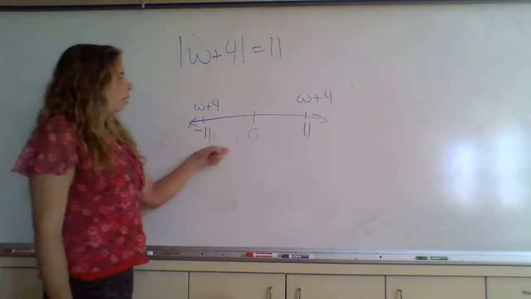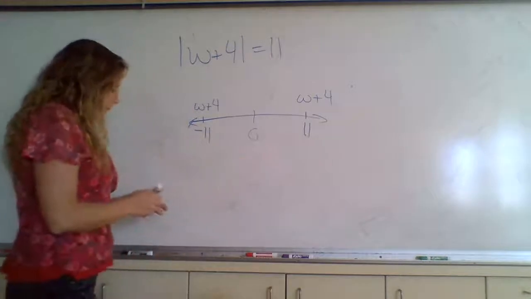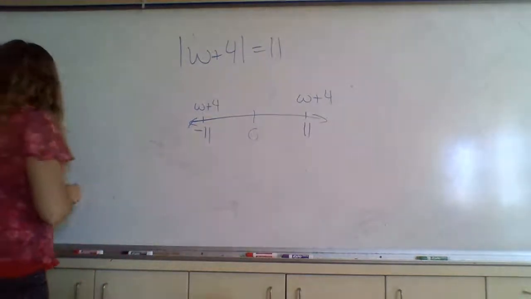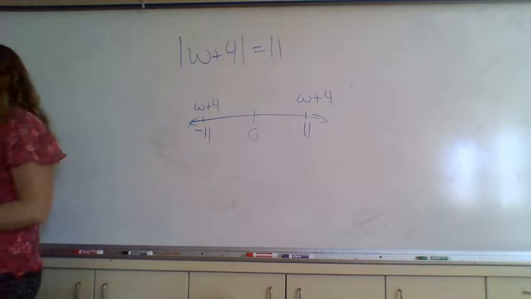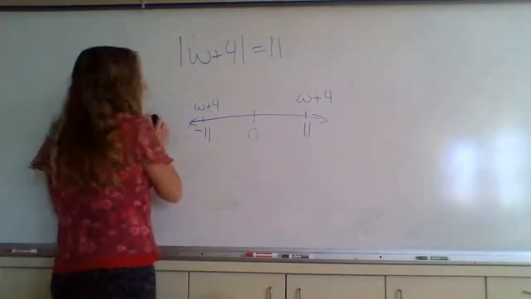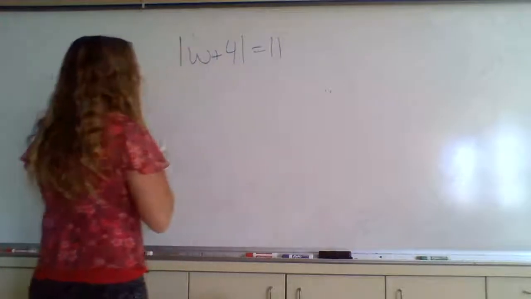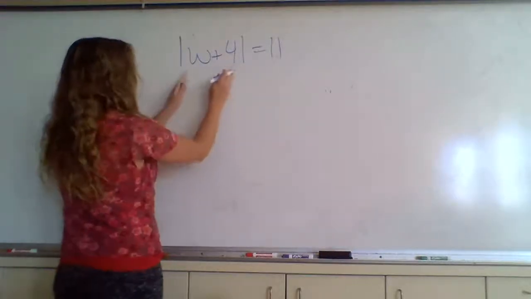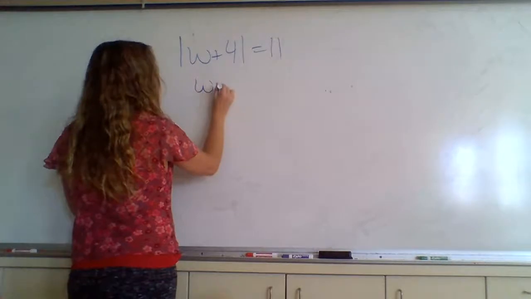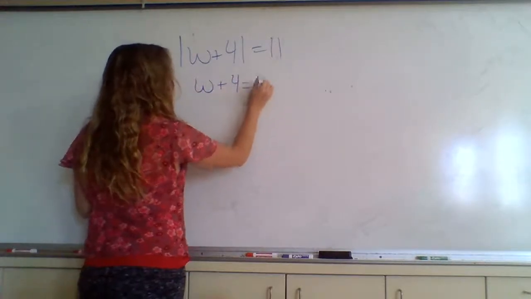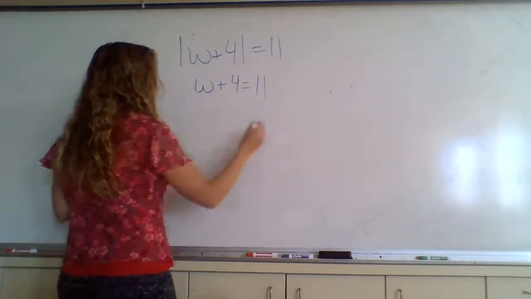Both of these things are 11 away from 0. So you take whatever is inside and put it equal to positive and negative.